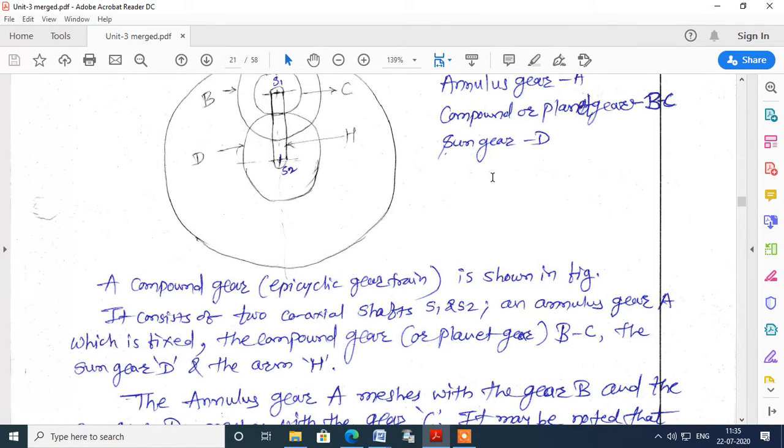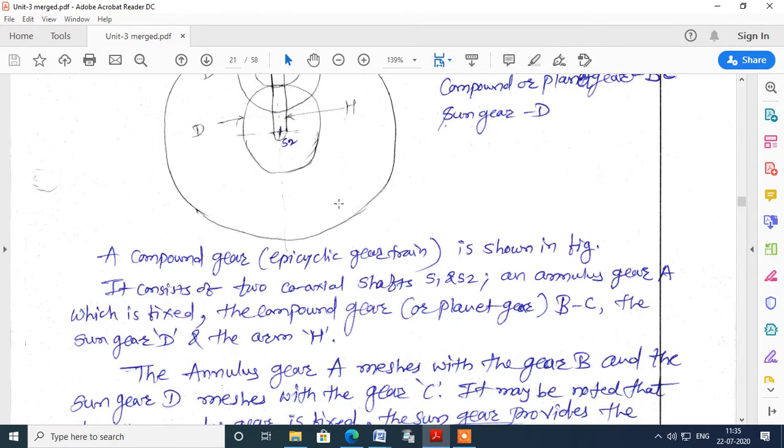Now it consists of two coaxial shafts S1 and S2. There is annulus gear A which is fixed, and compound gear BC is seen, and the sun gear D and arm H are there.